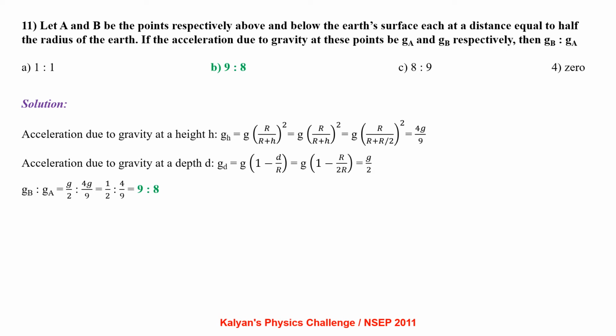Upon substituting the given value, we get g_h equal to 4g by 9. Acceleration due to gravity at a depth d, g_d equal to g of 1 minus d by R. By putting the values, we get g_d equal to g by 2. So gB by gA equal to g by 2 is to 4g by 9, which is 9 is to 8.